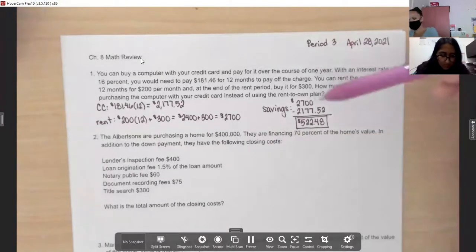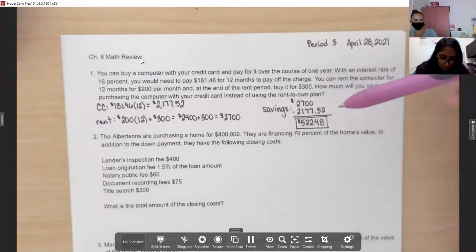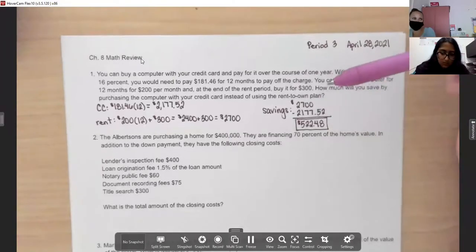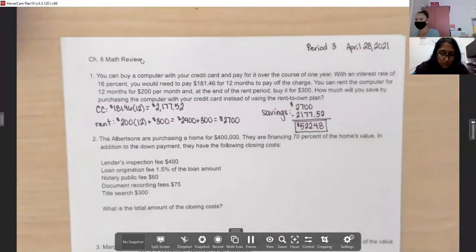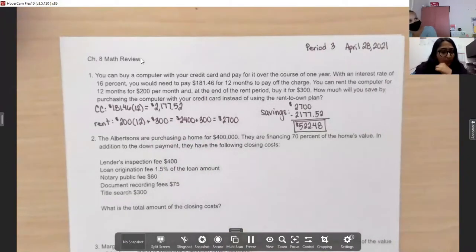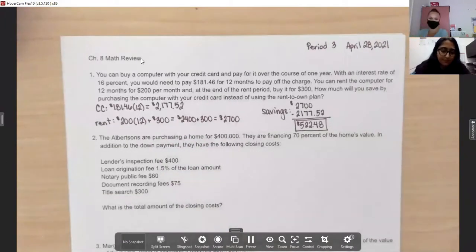So this problem also doesn't tell us the cost of the computer. That's not incredibly important. Yes, you would want to know how much you're spending, but maybe you need this computer for work, and so you don't really have an option, and so you have to go with one of these choices. And in this case, your credit card is going to be the better option.